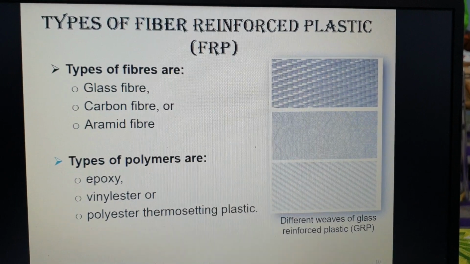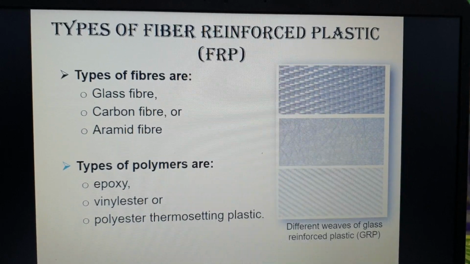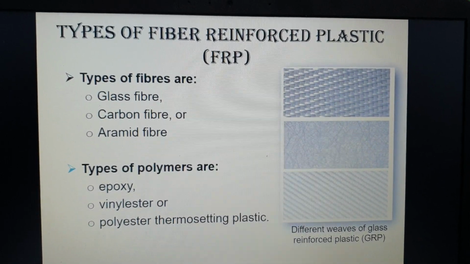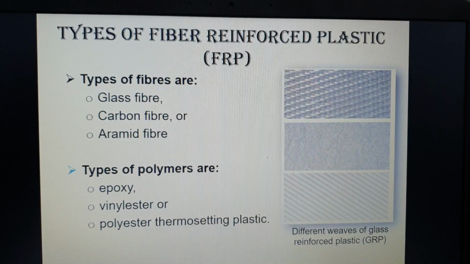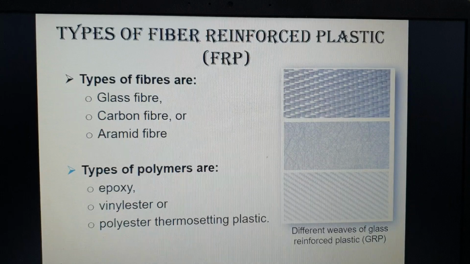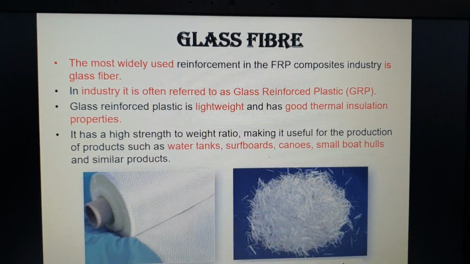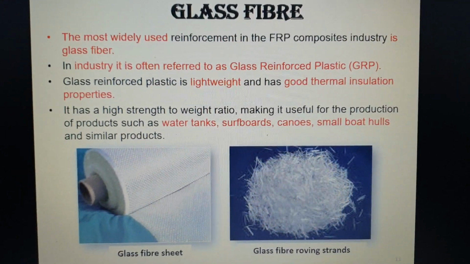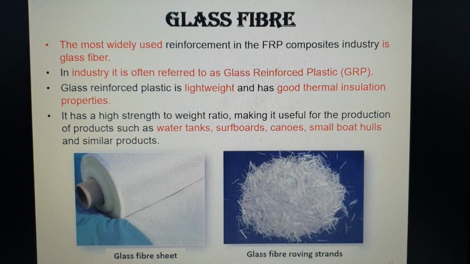So these are the types of fiber reinforced plastic. The types of fibers are glass fiber, carbon fiber or aramid fiber. The types of polymer are epoxy, vinyl ester or polyester thermosetting plastic. Glass fiber is the most widely used reinforcement in the FRP composite industry.